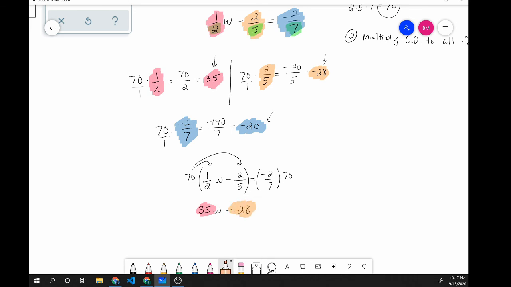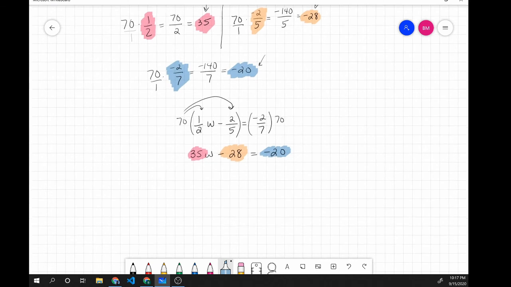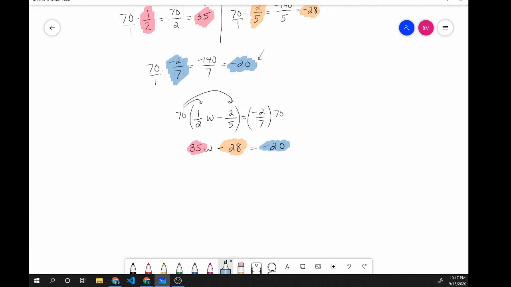We did that out ahead of time, so we know what the math is. And that's equal to, our last one was negative 20. And there's that right there. So these two equations, that more complicated fraction-looking equation and the whole number equation, actually will have the same exact answer. So let's go ahead and solve that equation right now.